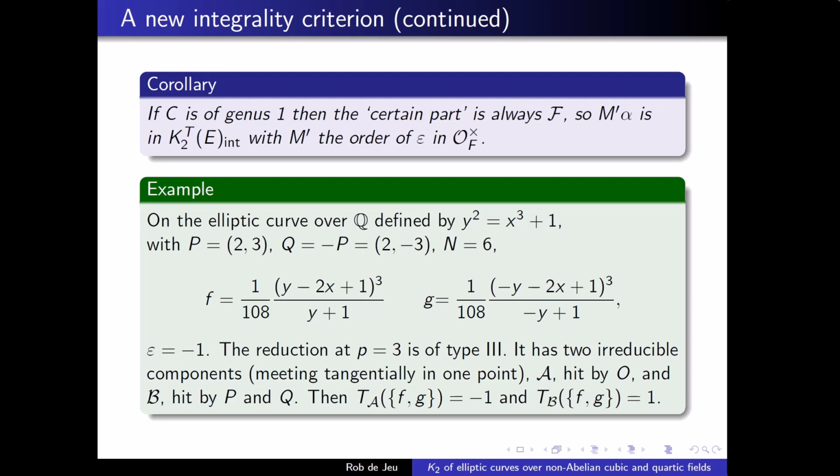And then the tame symbol at only 2 components to hit, so the obstruction will be torsion. And it turns out in this case for the 0 component, I think it's minus 1, and for the other component it's 1. So there is an obstruction of 2 here that you have to live with. So I have to multiply this element by 2 to get an integral element, at least for the prime 3.